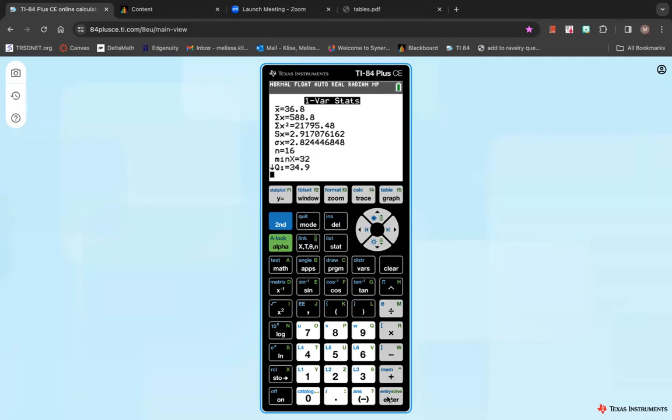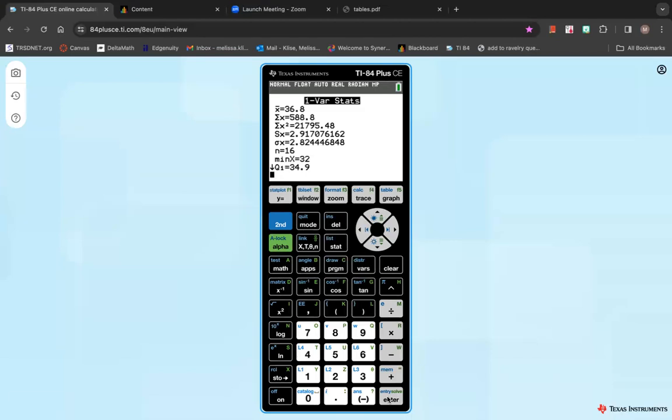So the sample mean is the exact same thing as population mean. They're both calculated the same way. So here we have an X bar of 36.8. Then our SX is our sample standard deviation.